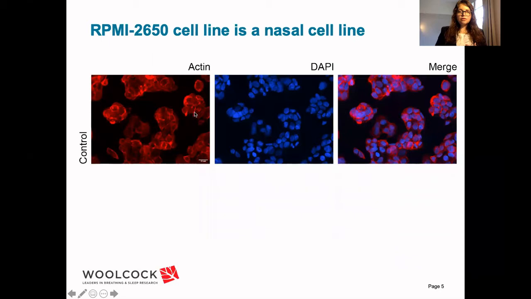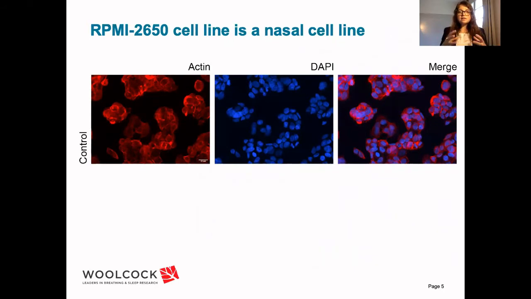What we can see here in red is actin at its highest intensities, and actin gives rise to cellular structure, but also cellular shape, and is quite an important component of the cytoskeletal system. In DAPI in blue here, we have the nucleus, and your merged images will always be on the right. So this is what the RPMI 2650 cell line looks like under control conditions.